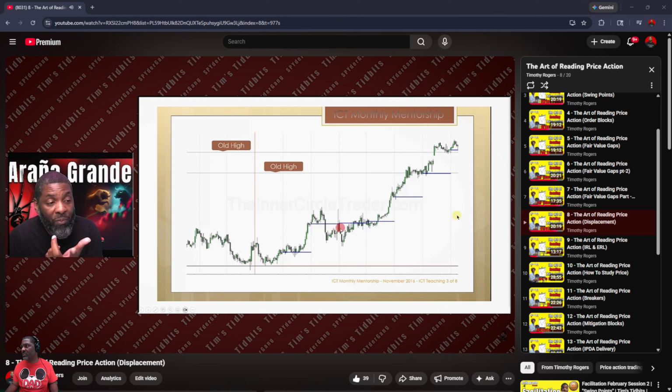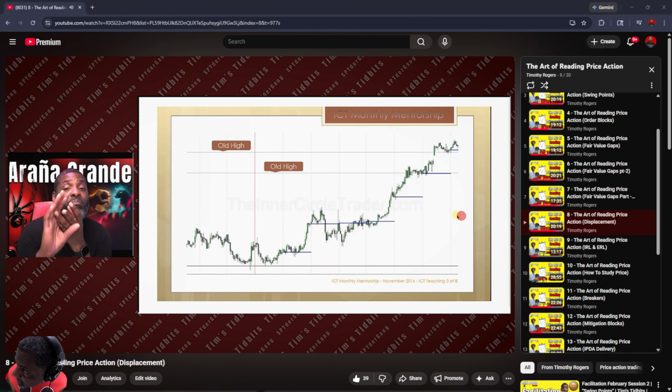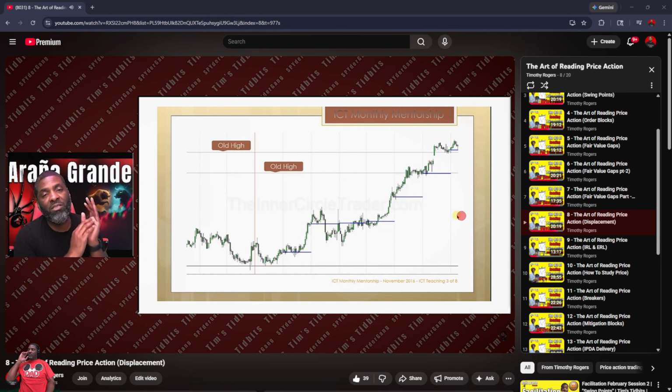Right? It looks like we're gonna pull through my back mic too. Below a low, right? We get displacement. It's like price is continuing to get displacement when it drops to key price points. Below opens in discount, above opens in premium, depending on if you're bullish or bearish. So you want to continue to see the institutional sponsorship.